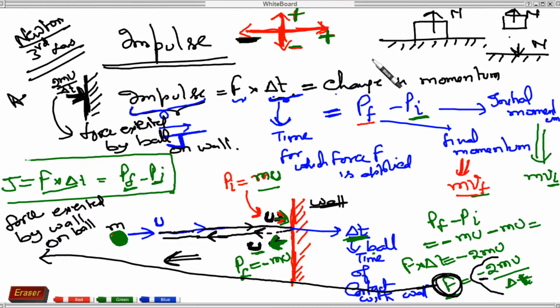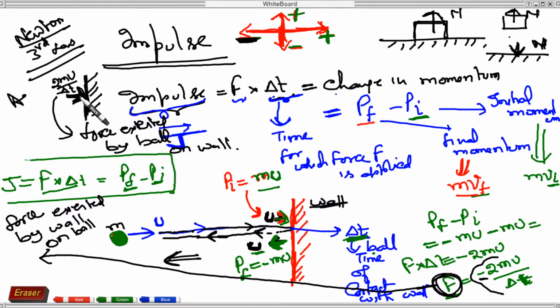So this impulse, the same thing is here. Like I told you, a normal reaction will be acting here, and this much N will be acting here.